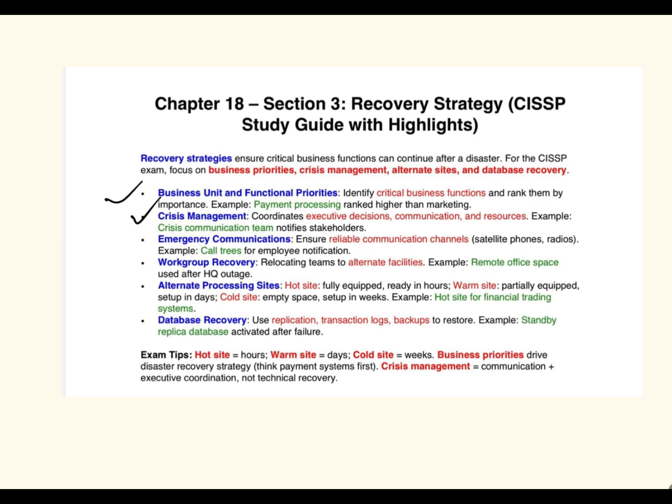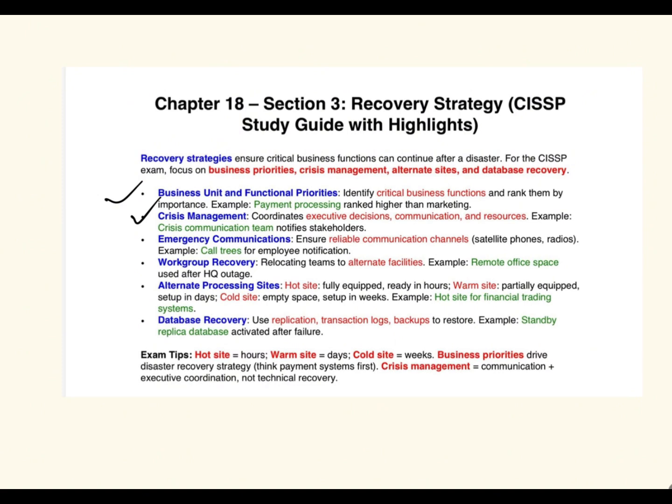So during this crisis management, we should have proper coordination between management and employees, right? Crisis communication team informs customers. There could be a different portfolio, but we can say crisis communication team. It could be any department already responsible for this type of communication.